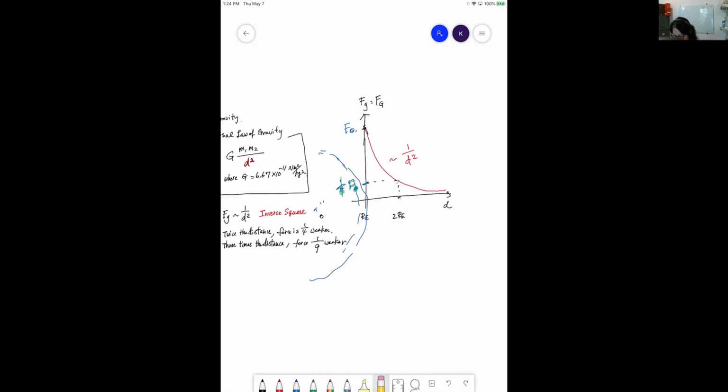Let me erase it, I can't see it so well. Green. 1/4. And then if you go 3 times more, it goes by 1/9. Let me show you this.